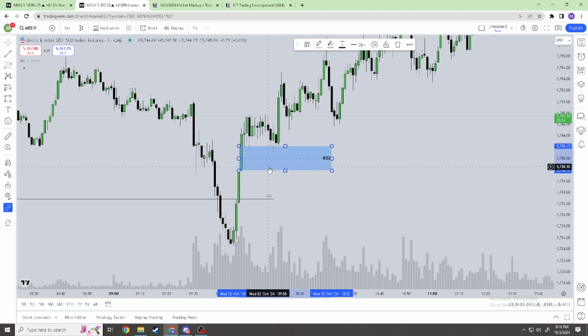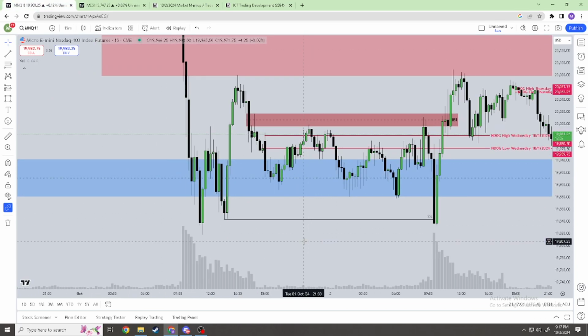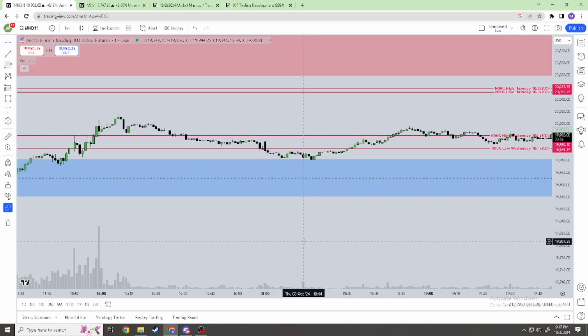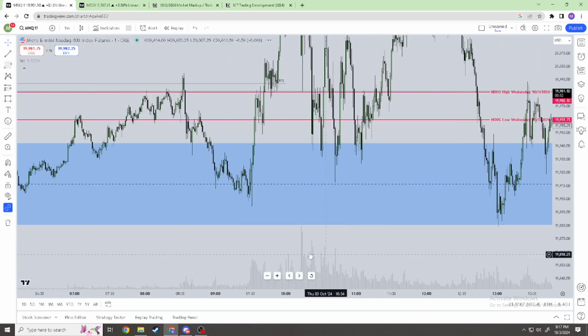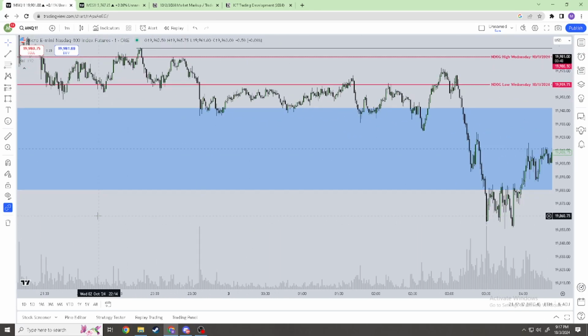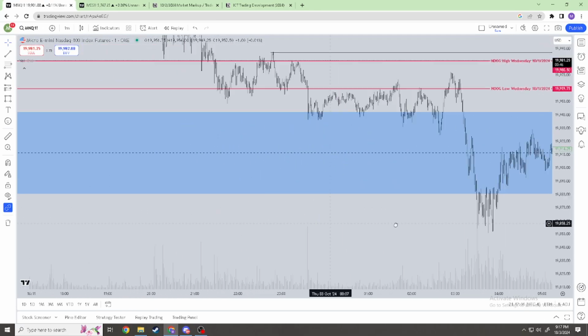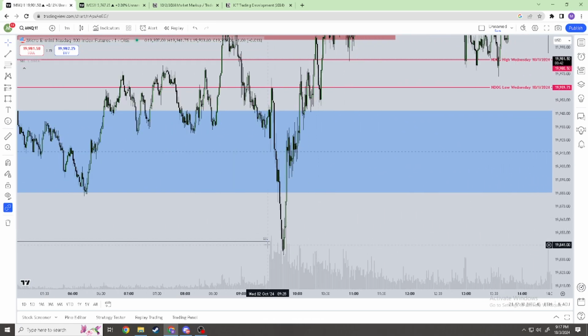Oops, that is not even the right chart. My fault, y'all. My apologies. So after I saw that SMT where sell side was taken, sell side gets taken right here.